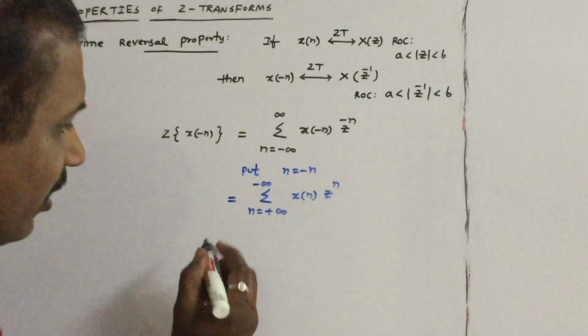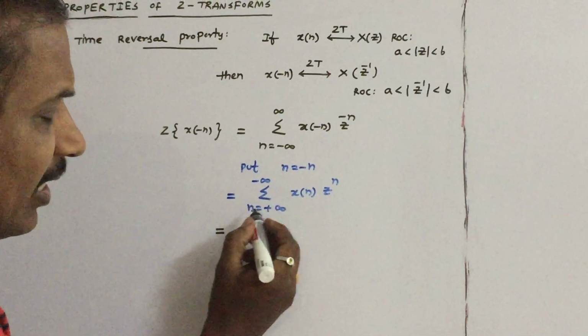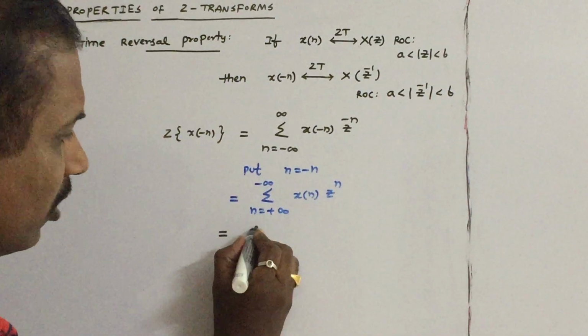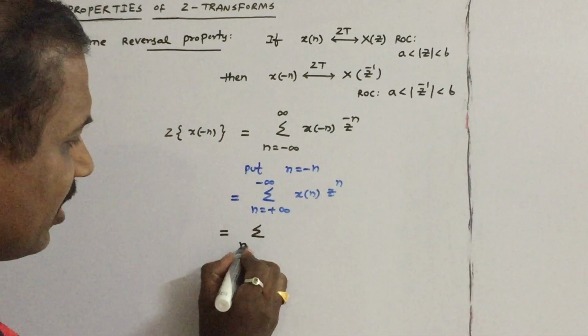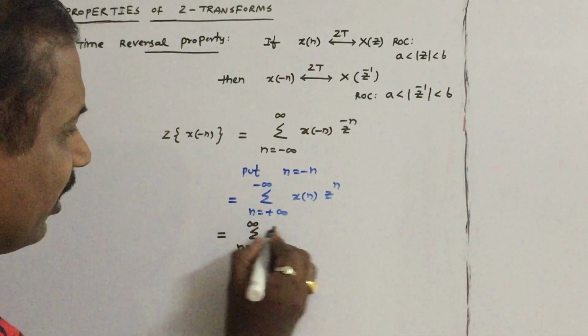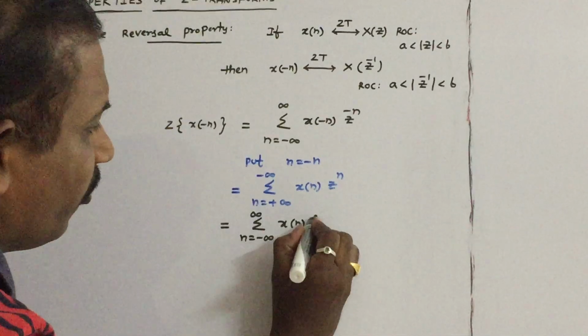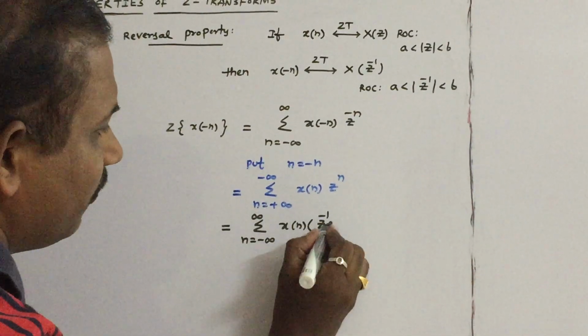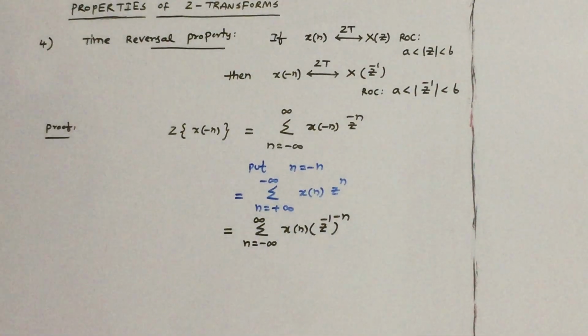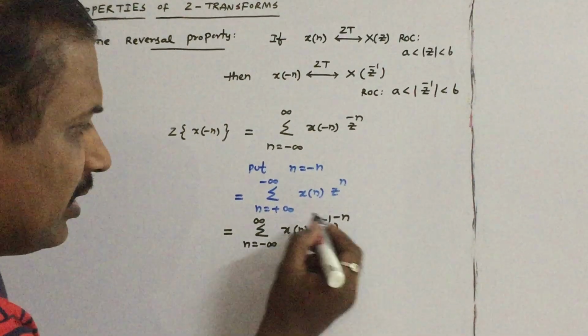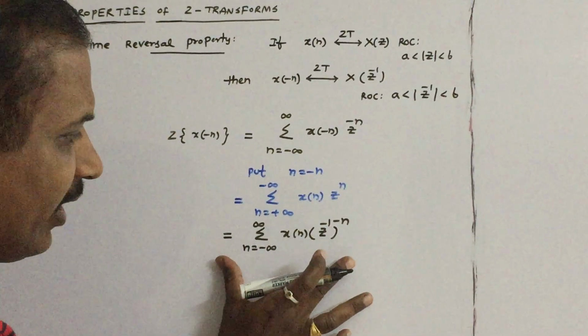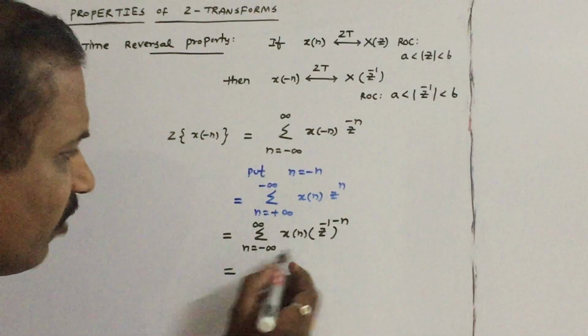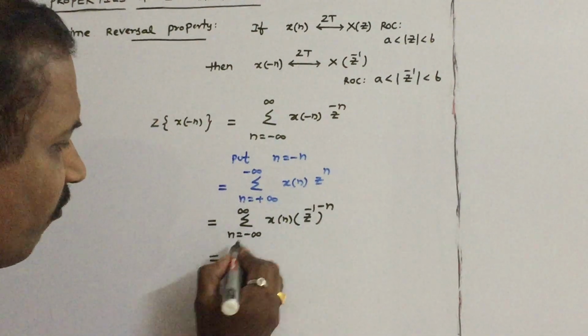Remember that in the summation, if you interchange the limits, the answer will not change. So therefore the summation n is equal to minus infinity to infinity x of n, so you write it as z power minus 1 whole power minus n. So this is in the form of definition of Z transform. So therefore the answer for the summation will come as a function of Z inverse.